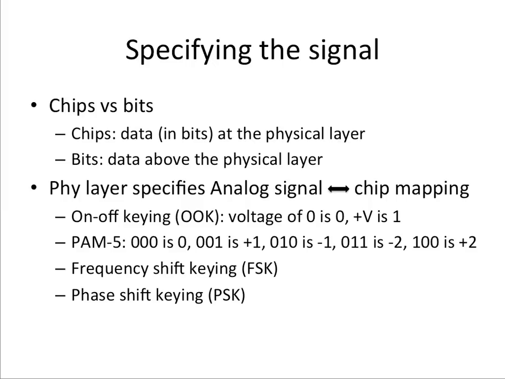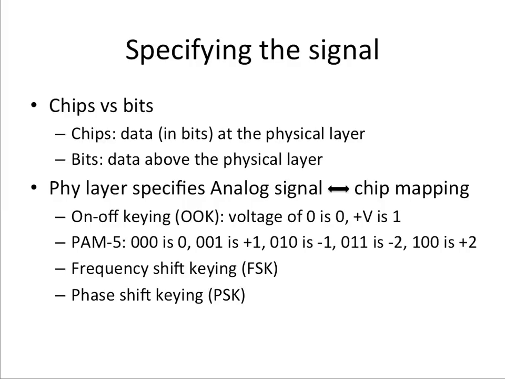It specifies the analog signal to chip mapping. For example, one very simple way we might specify this mapping is by saying, if there is a voltage of 0 on a piece of wire, then that's a 0. And if there is some positive voltage, that's a 1.